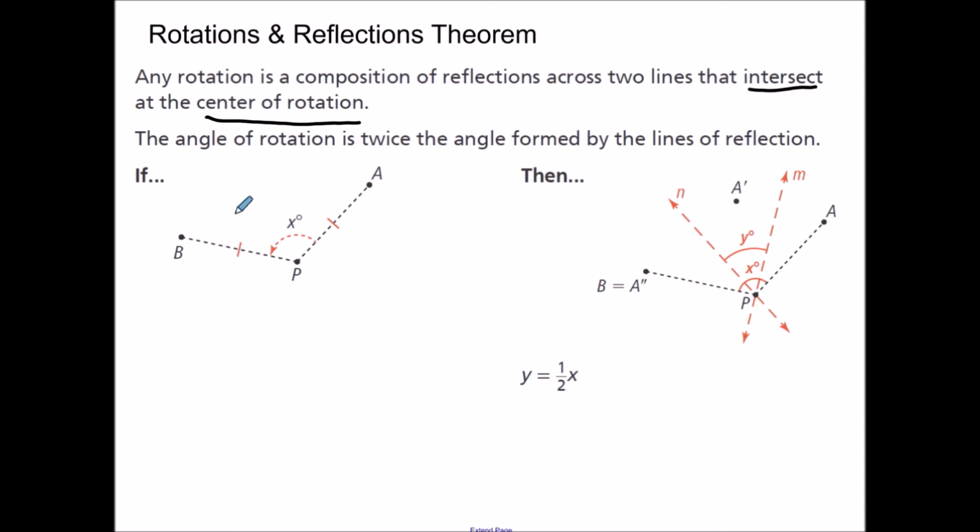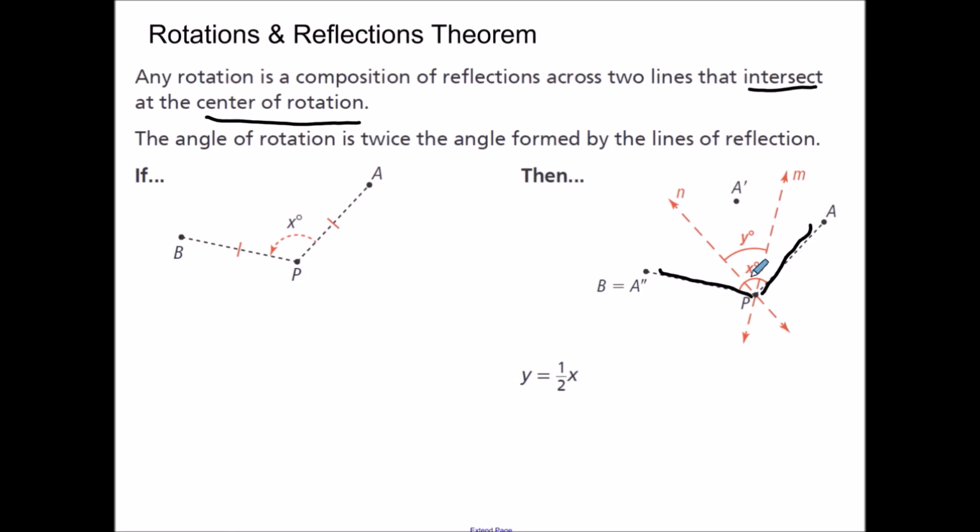And so we're rotating A to get to B about the center of rotation P. So what I can do is take any two lines of reflection, in this case M and N, and I can draw them, and these lines have to cross through point P. So I can take any two lines and cross them through point P. And as long as the lines have a certain angle, let's call it Y, then that angle is always going to be half of the angle between, in this case, this side and this side.